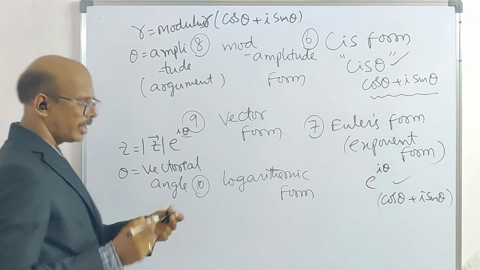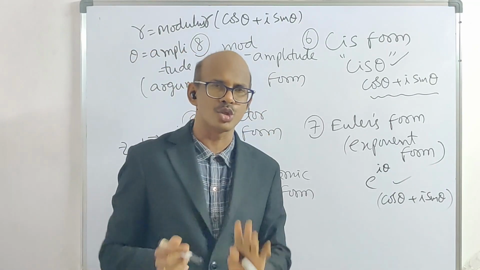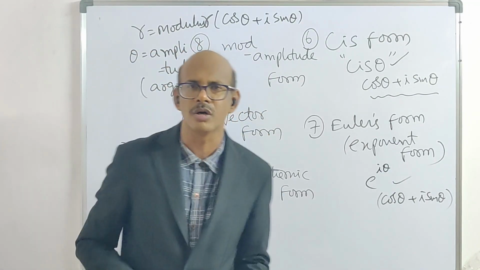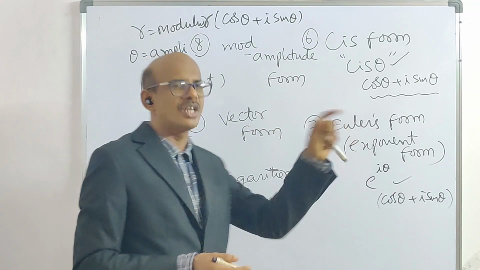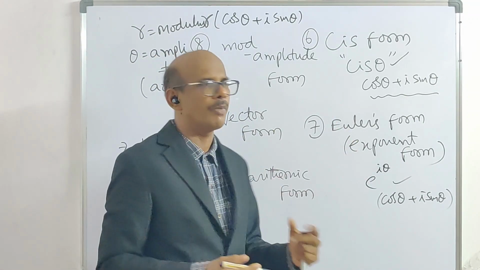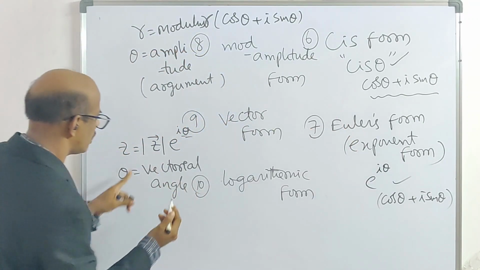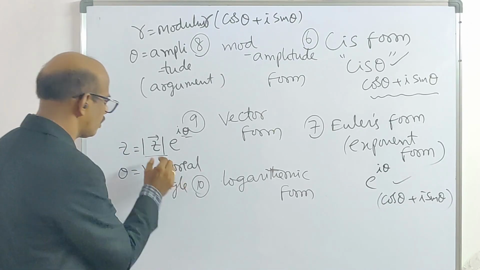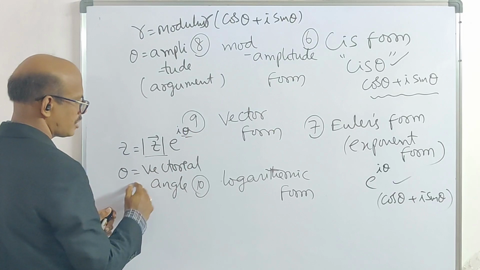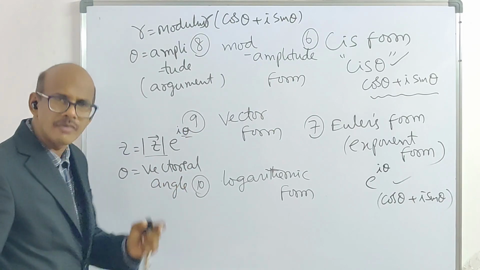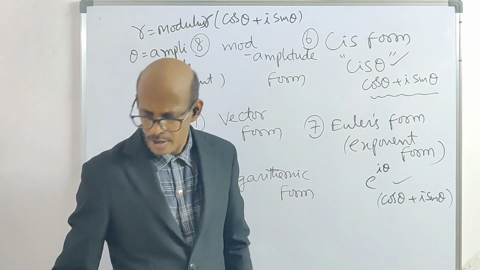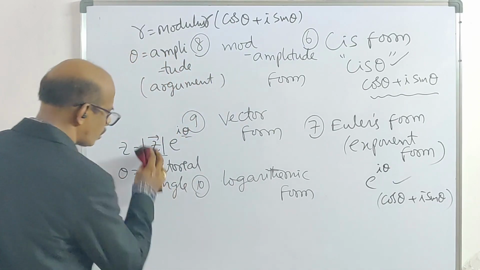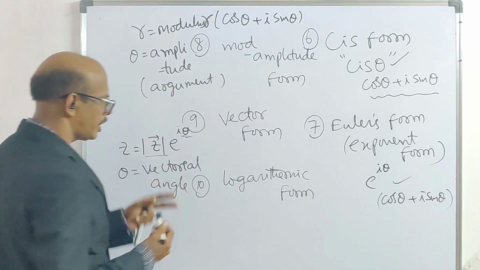There is a detailed discussion in applications, don't worry about that. But as a teacher, I want to introduce the format in a smooth way, so it is given for clarity. This is the magnitude of a vector, and this theta is the vectorial angle, the ray making an angle theta with the positive direction of the x-axis in the anticlockwise direction.